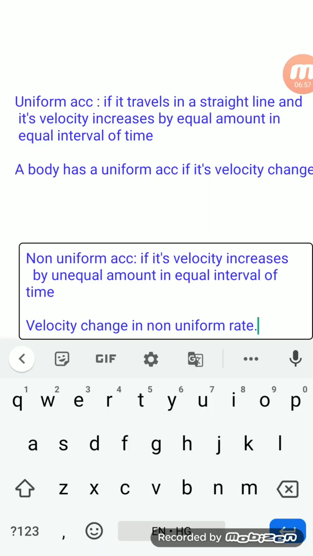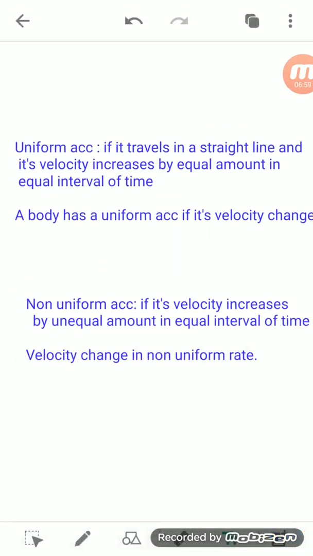So here are two things besides the positive and the negative acceleration. The uniform acceleration is one in which a body is traveling in a straight line, its velocity is increasing in an equal interval of time, as well as an equal amount, and the change in the velocity is at a uniform rate.